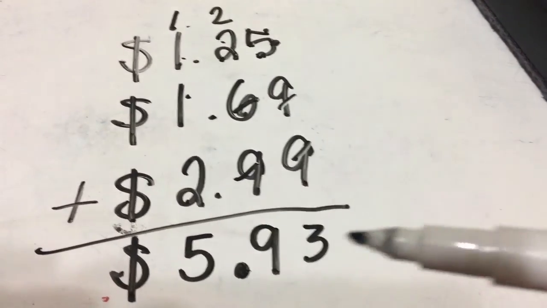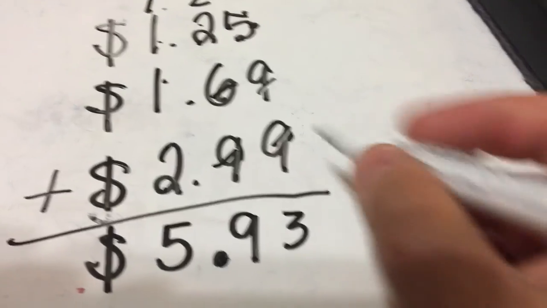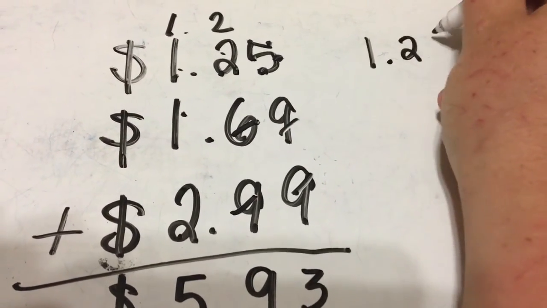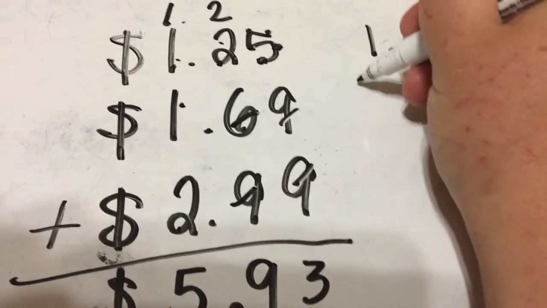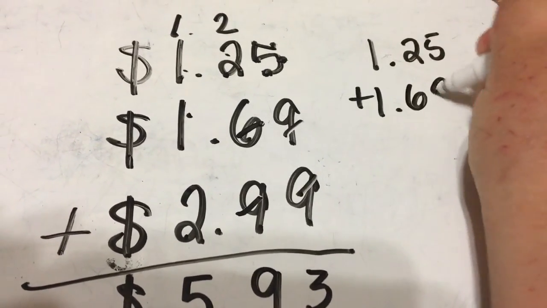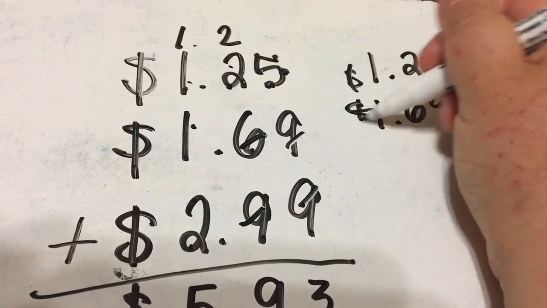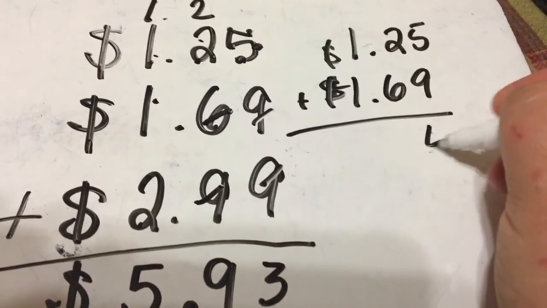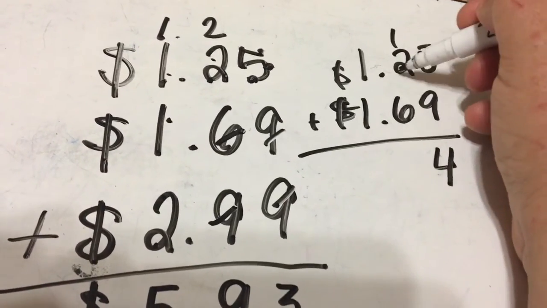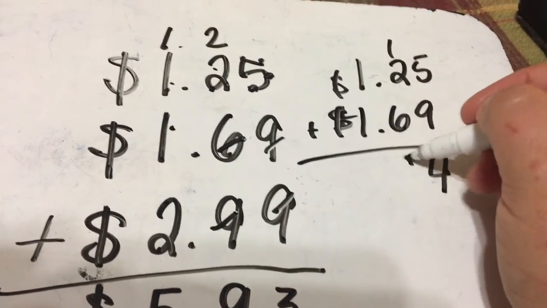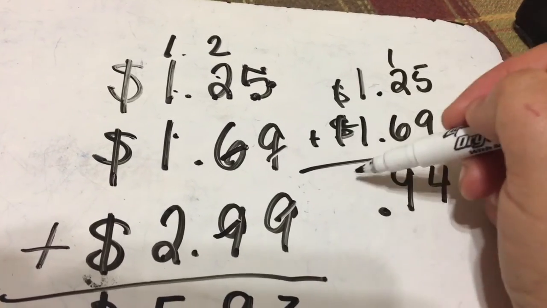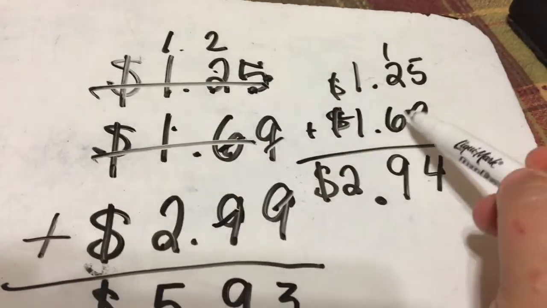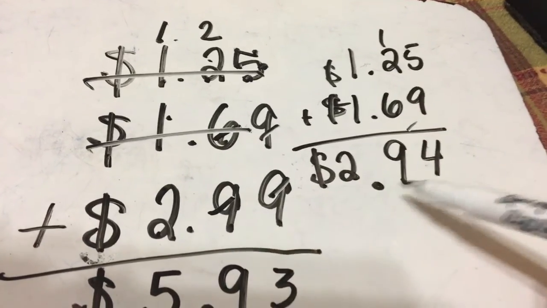Now, if you weren't comfortable with doing it that way, another option you have would be to add up $1.25 plus $1.69. Get my dollar sign there. I'm going to add that one up first, and I get 14, carry the 1, 6, 7, 8, 9. Bring down my decimal, $2.94. Okay, so now that I've added this one and I've added this one, now I have to add this to this.